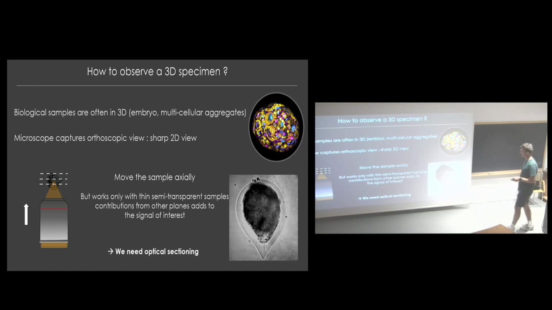But in the center, we have plenty of cells, and we are not able to see different planes, different structures. Okay, so this is due to scattering, and actually, this technique works only with transparent or semi-transparent samples.